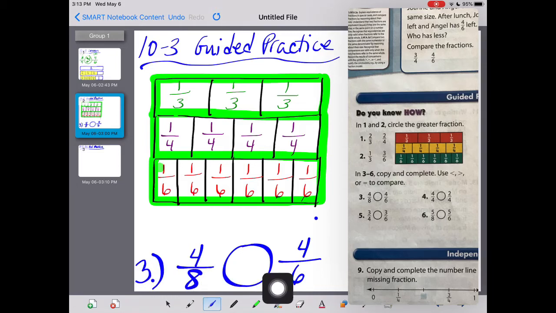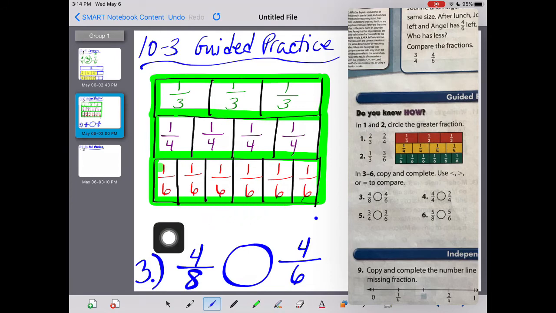We have eighths, and we're comparing it to sixths. Think about what you know about denominators and how the bigger the denominator, what happens to the individual piece? Does the individual piece get larger or smaller? The reason why I'm asking you this is because look at the numerator. There's 4, and then there's 4.